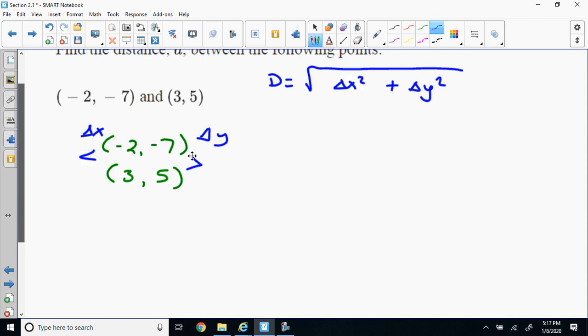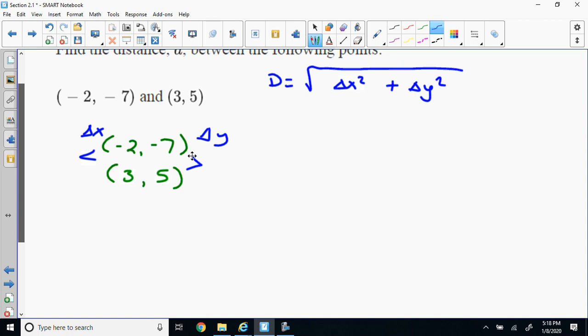So if I start at -2, how far is it to 3? 5 spaces, right? Now, I want you to think about it. Wherever I start, it's really not going to matter for the distance formula because we're going to square it, right? So the positive and negative, which would refer to distance direction, either going up the number line or down the number line, really it's not going to come into effect when we come into this, right?